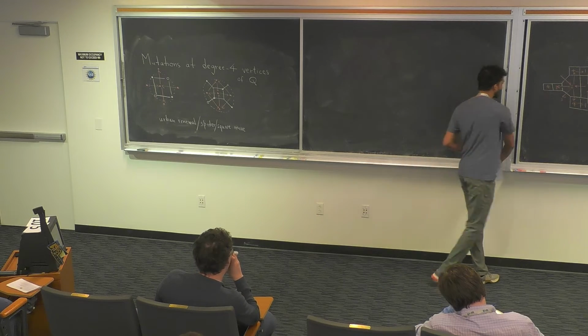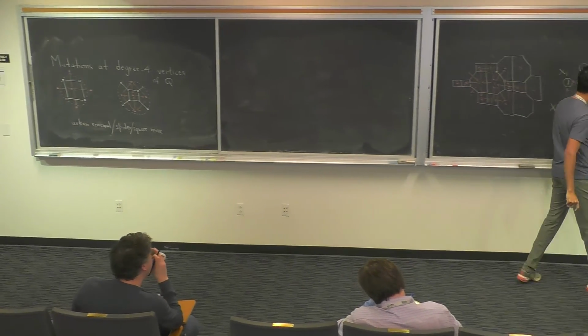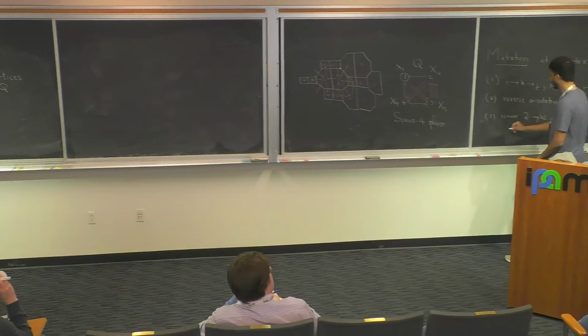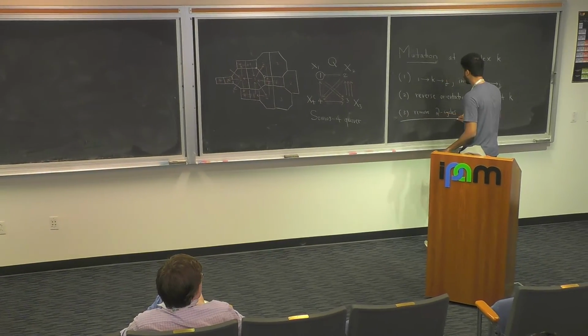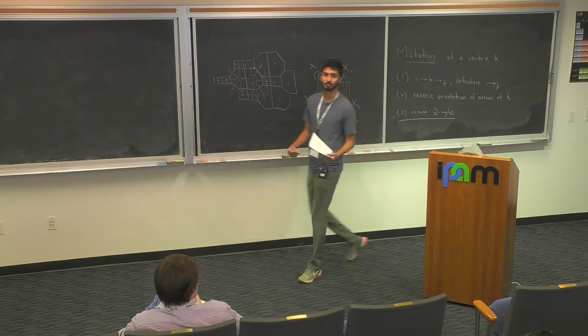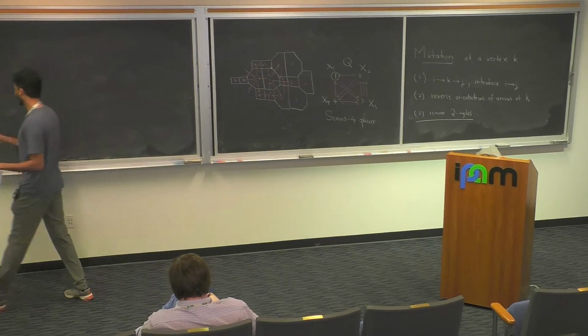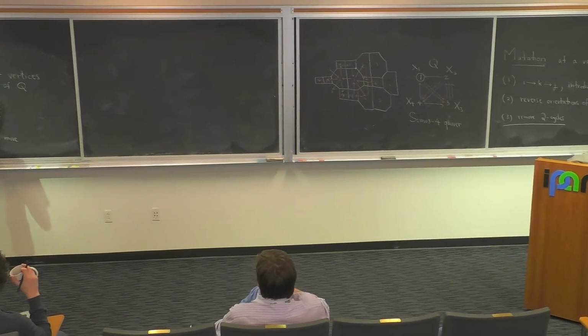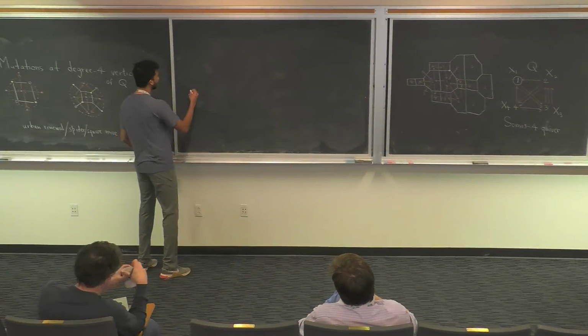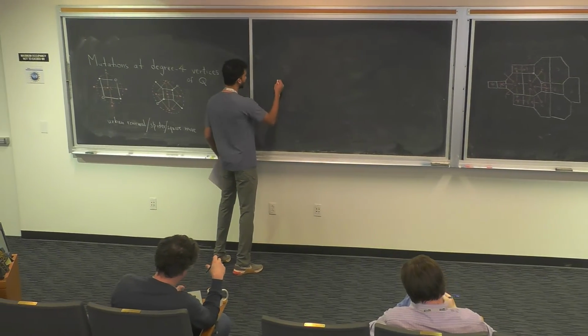But there is one more move that you need in the story of bipartite graphs, because when you look at mutation, you have a third step, which is to remove 2 cycles. Removing 2 cycles is also something that you're probably familiar with. So what's a 2 cycle?